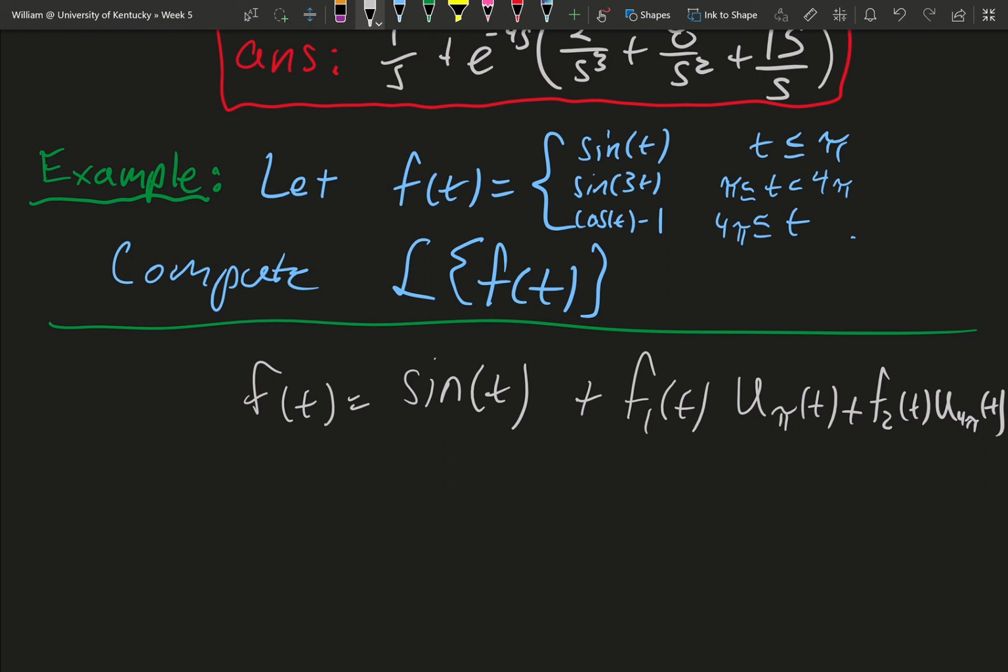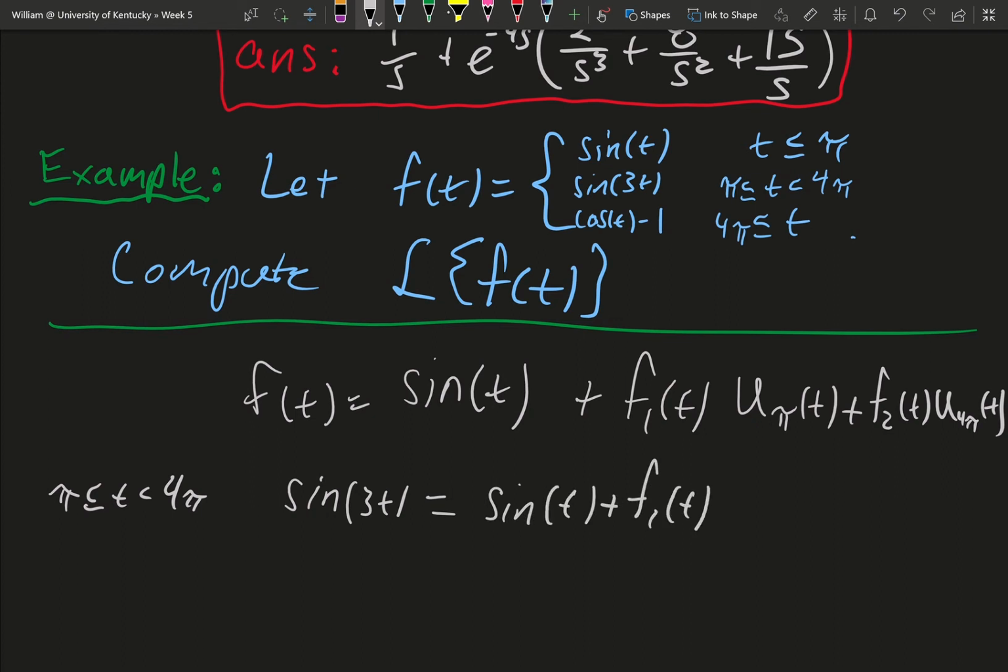Okay, so if t is in between pi and 4 pi, then we have that sine of 3t equals sine of t plus f1 times 1 plus f2 times 0.